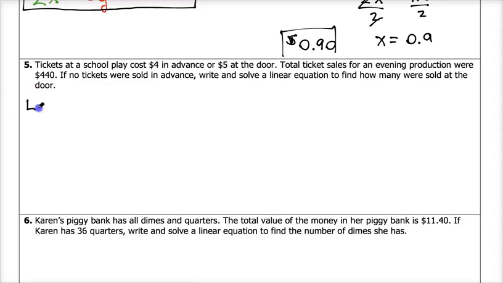We're relating x, which we can say is the number of advance tickets, and y, which you can say is the number at the door.